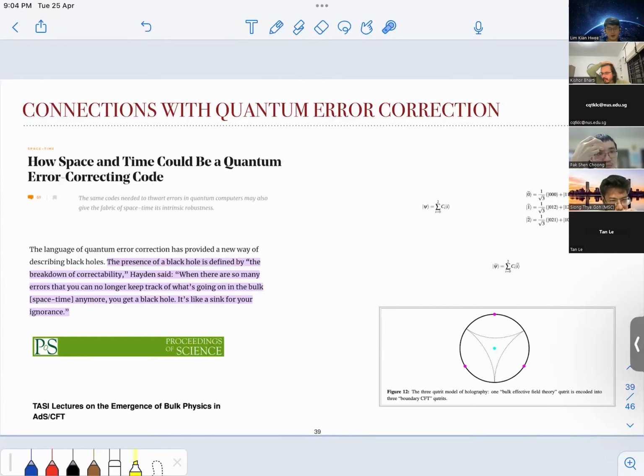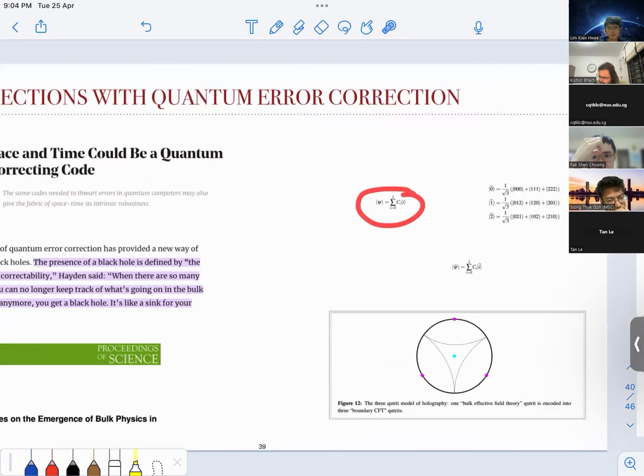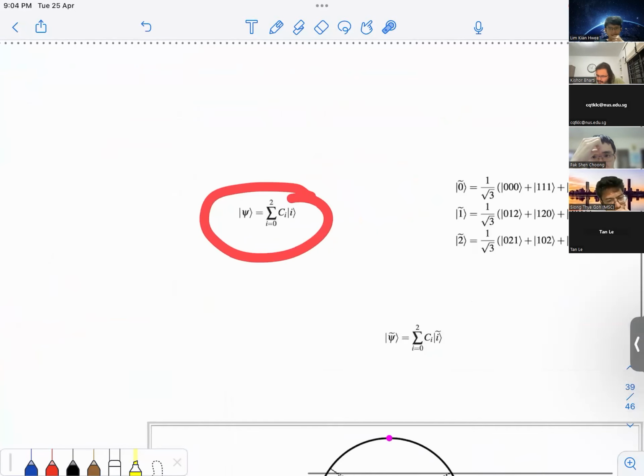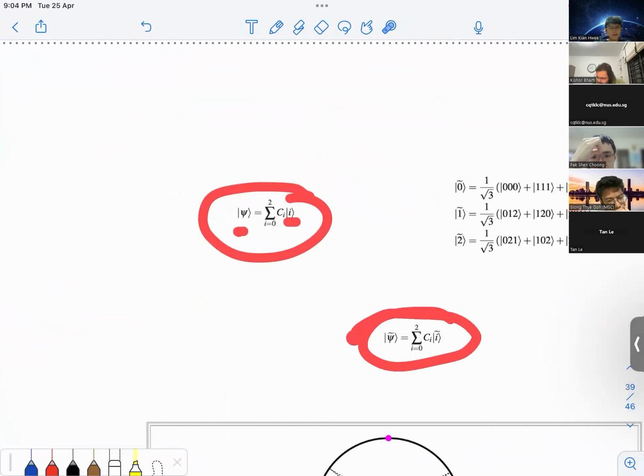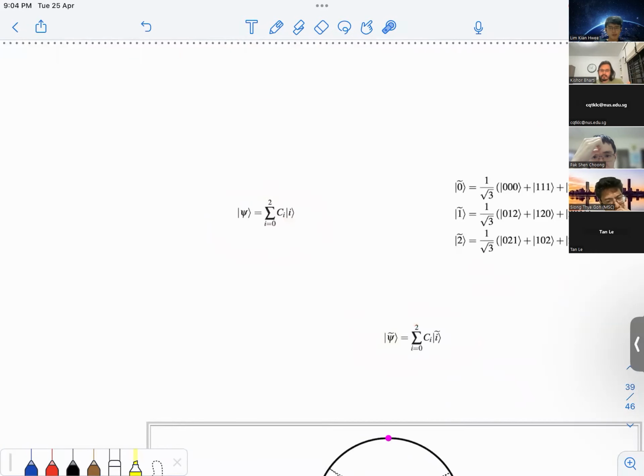Using this AdS/CFT correspondence, there are many works, but people effectively showed that you can think of how space and time could be a quantum error correcting code. Let's say you have this qutrit state, and you can encode it into your logical subspace using this encoding.